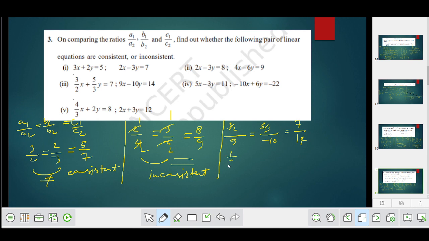We can write 1 by 6. 5 2s are 10, minus 10. 3 2s are 6, 1 by minus 6 and say 1.